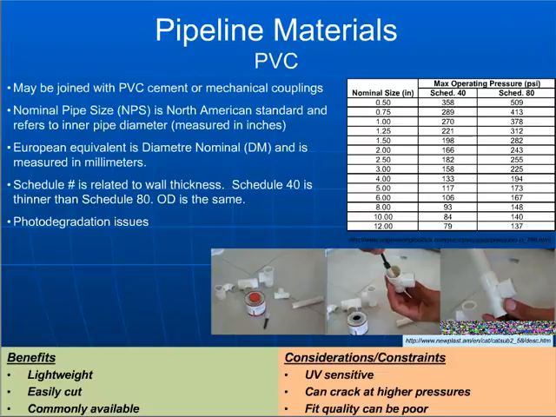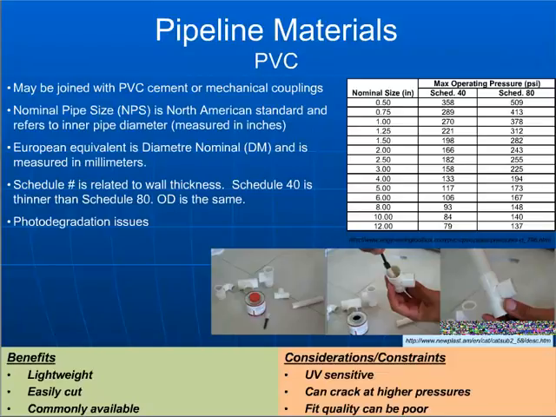PVC is also a very commonly available material around the world. The great benefit of PVC is that you can join the pieces together with PVC cement, so that's a pretty easy way to develop good sturdy connections.